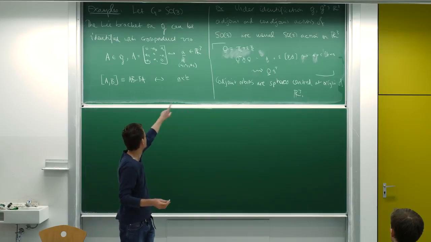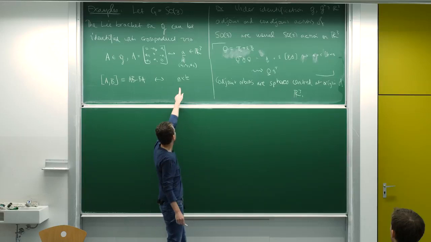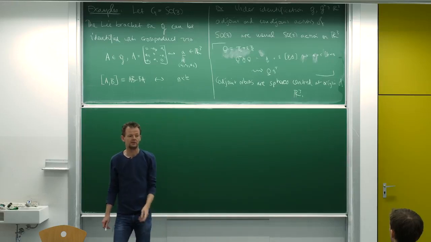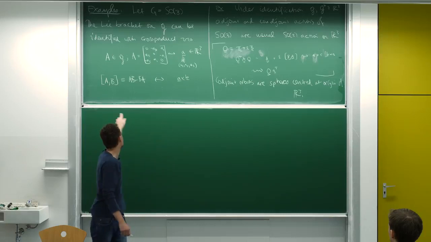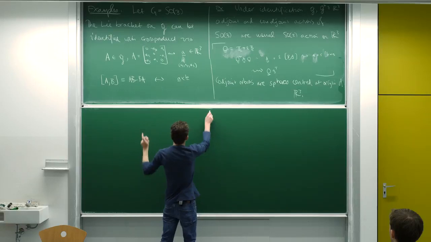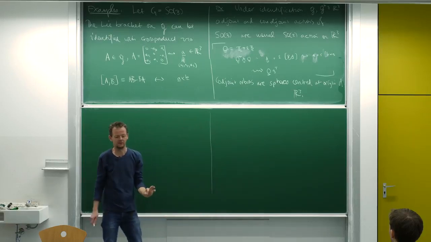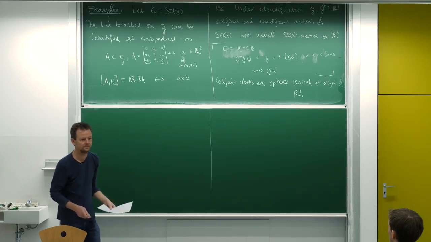And we're going to use this identification quite heavily throughout. So beware, whenever you see an A with an underline, I'm going to be implicitly meaning that corresponding element of the Lie algebra of SO3. And I'm going to be meaning also at the same time, just for extra confusion value, an element of R3.